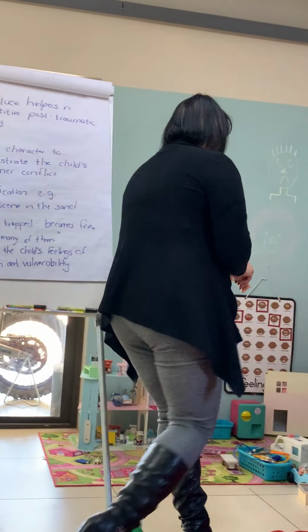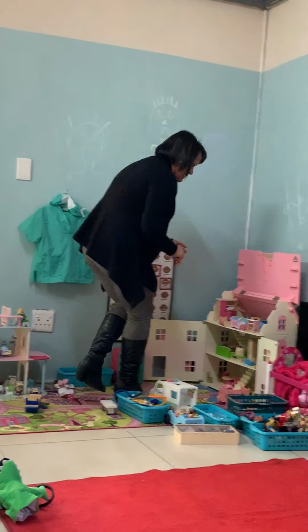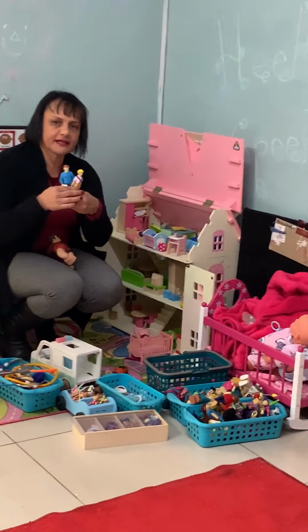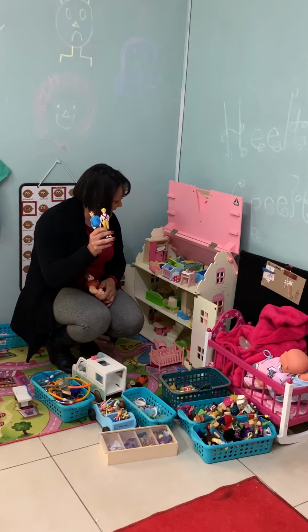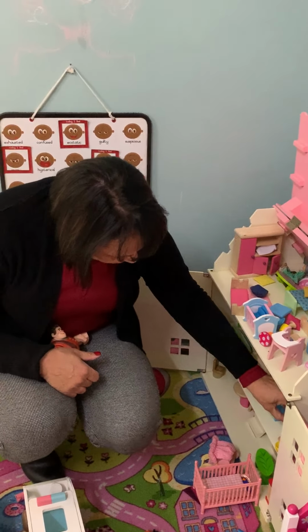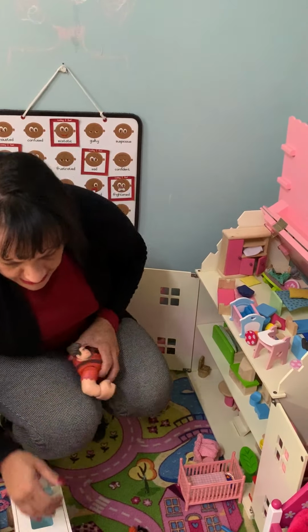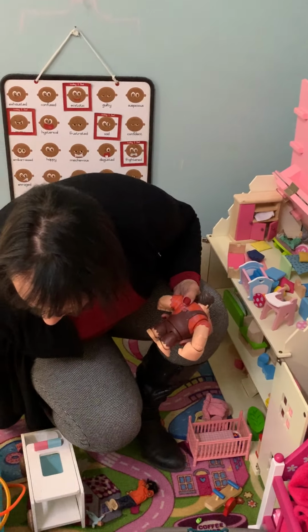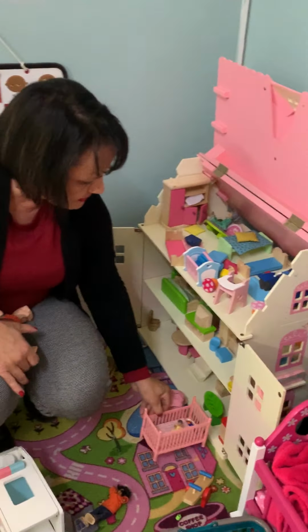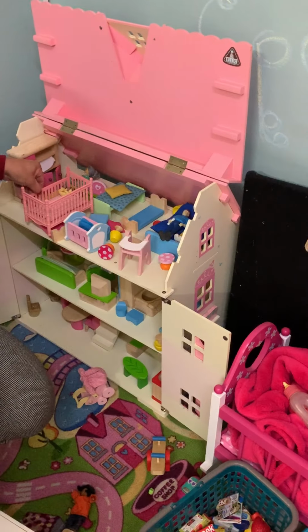Let's say the child plays out a scene here. So here in the dollhouse is the mom and the dad, and there in the dollhouse is also a baby. So here's the baby, and the baby is in the cot.